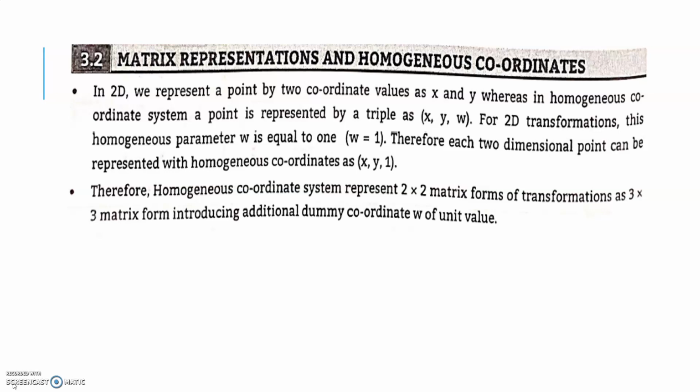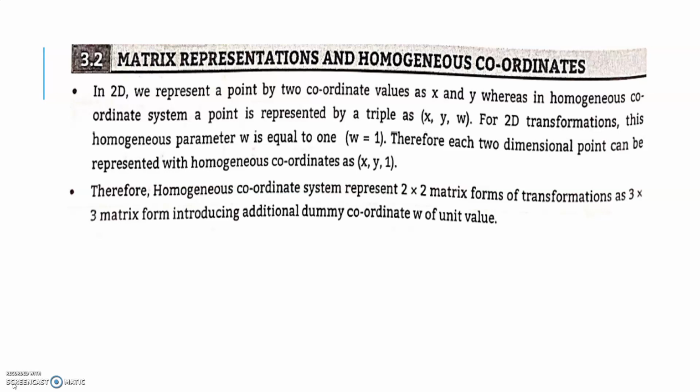Means, while considering an image as 2D, we will consider x and y coordinates, and in the homogeneous coordinate system, a point is considered to have three coordinates, that are x, y and w.